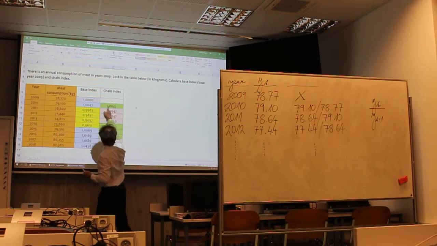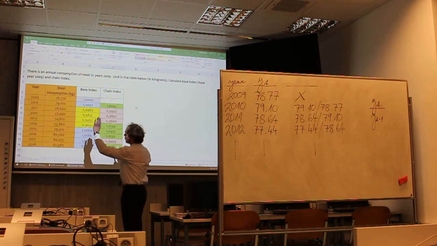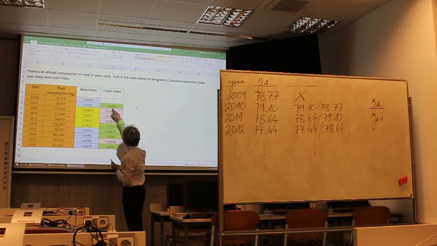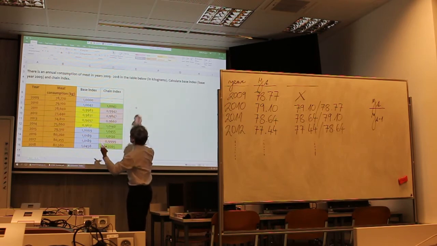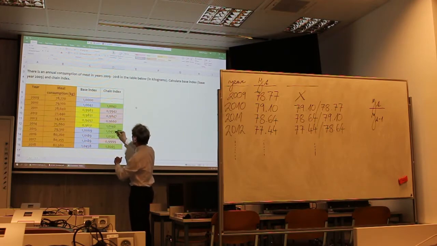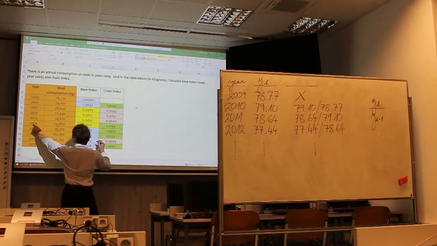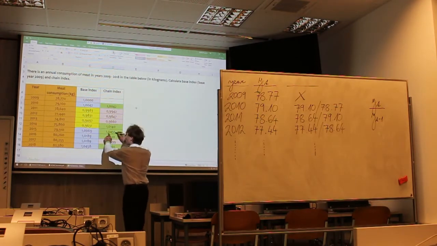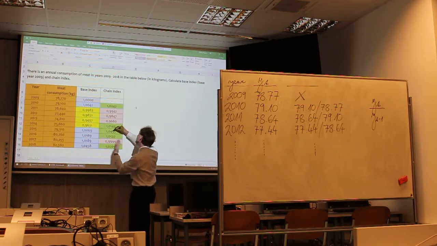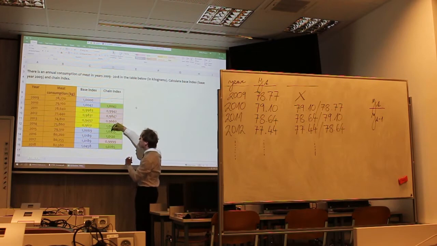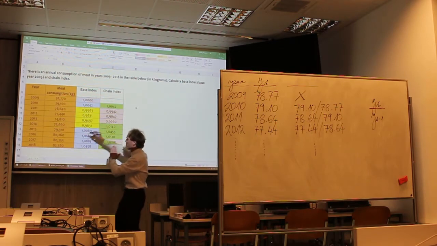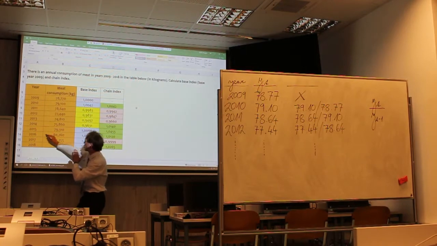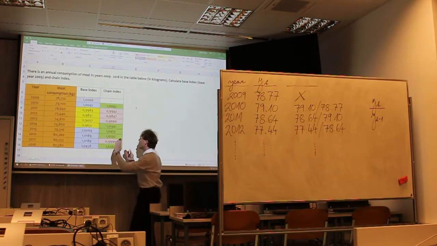Again, we can interpret the results. On this position, the result is the same: between year 2009 and 2010, meat consumption increases by 0.42%. The next interpretation is a between-year interpretation. For example, between year 2014 and 2015, meat consumption increases by 4.55%. Between year 2015 and 2016, meat consumption increases by 1.2%.